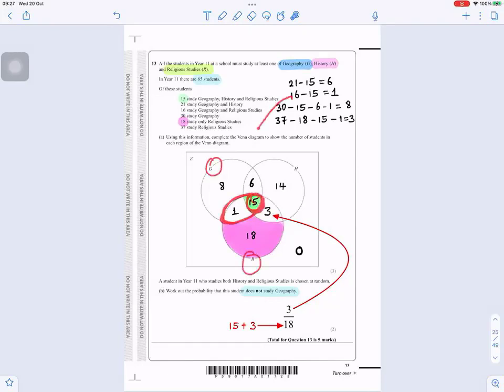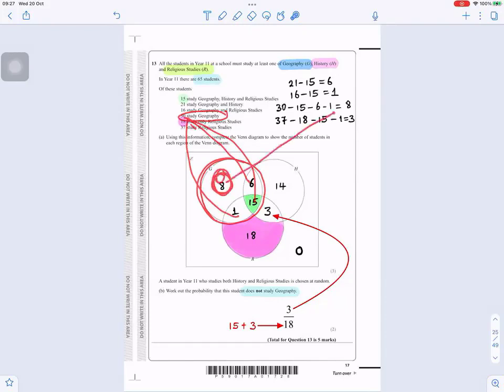So 16 minus 15 is 1. 30 minus 15 minus 6 minus 1 is equal to 8, because 30 students study geography. So inside this geography circle, there should be 30. So we get 30 minus 15, 30 minus 6, 30 minus 1. You're left with 8. So there's 8 there for geography.